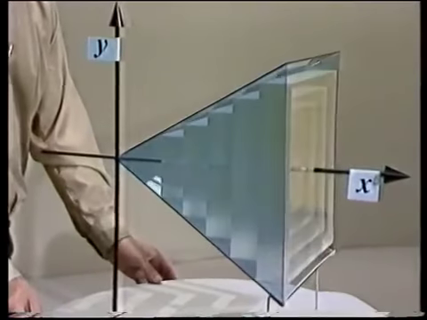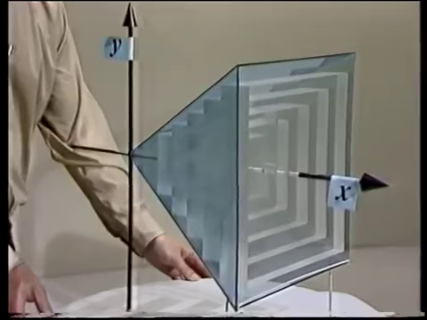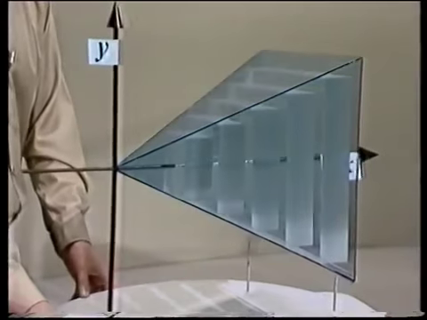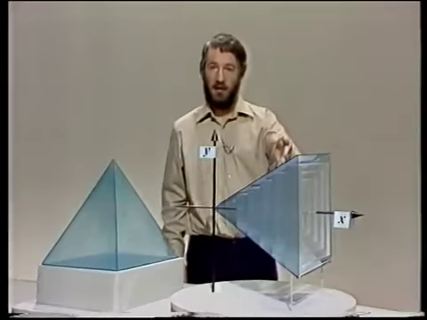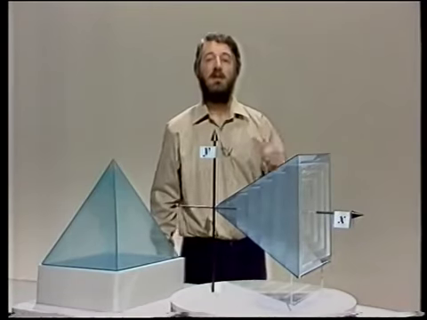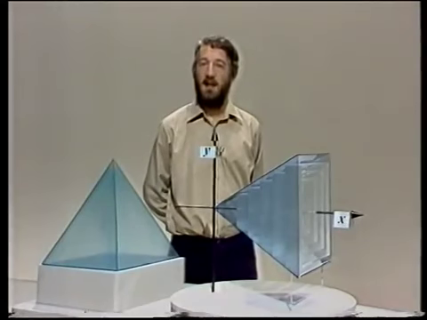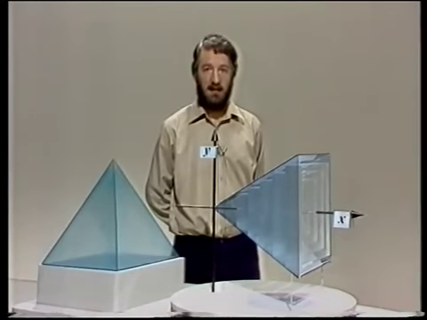This time, each block has square cross-section. We need an expression for the volume of this block. If it's xi from the vertex, and we call the height yi, then the square has side twice that, and so its area is 4yi squared.